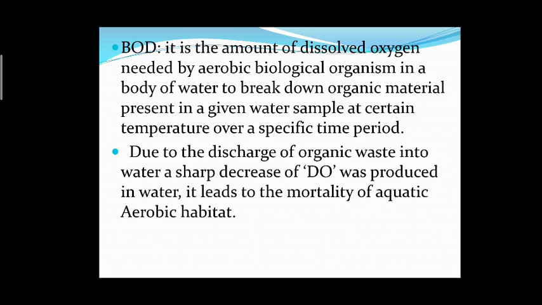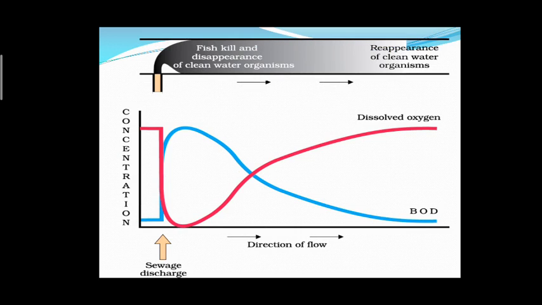The aerobic microorganisms utilize the oxygen for breaking down the organic material. This image shows the reciprocal relationship of DO and BOD. In the first case, BOD is higher, that is the blue line, and fish kill and disappearance of clear water organisms occur.